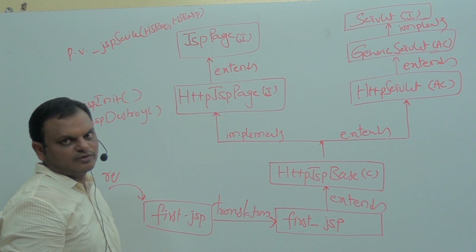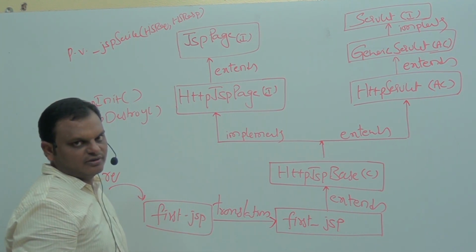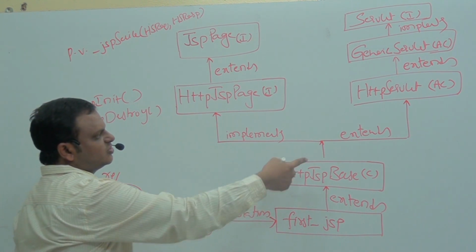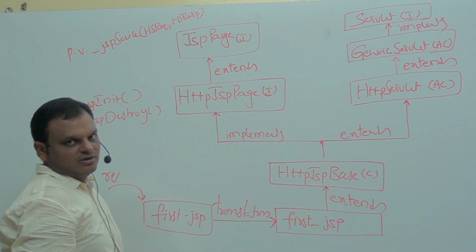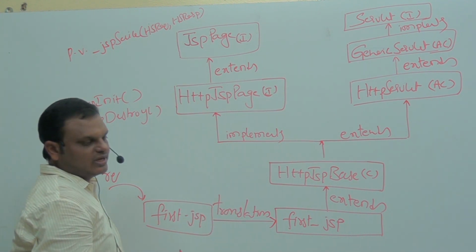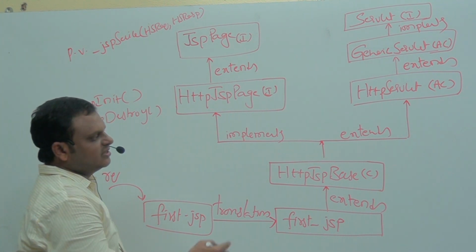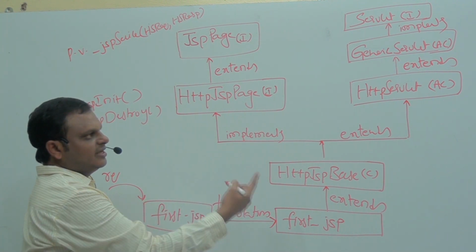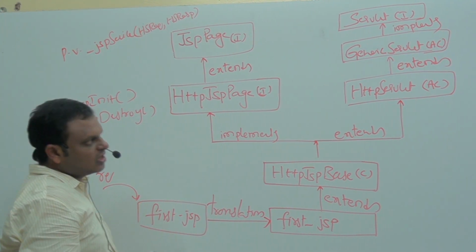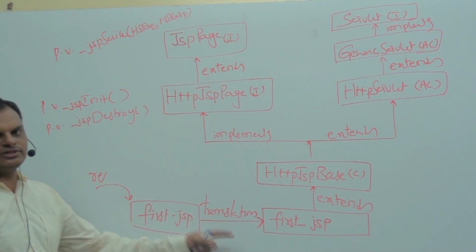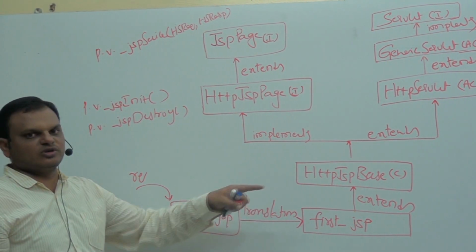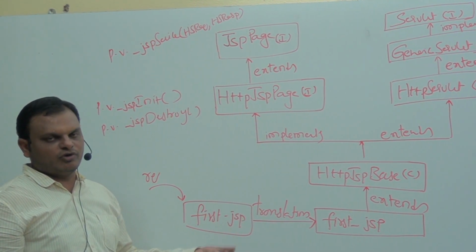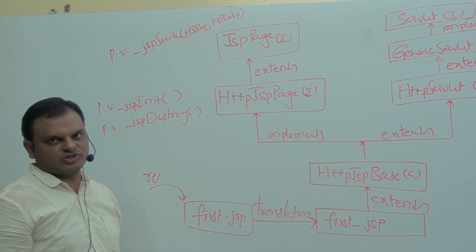So in the Tomcat web container, the translated servlet is a child class of HttpJspBase, which is a child class of HttpServlet. In conclusion, first_jsp is a child class of HttpServlet; the translated servlet is by default an HttpServlet in Tomcat. That's all about the behavior of the translated servlet. This point we extracted from the JSP lifecycle we have just seen. That's all about our content.